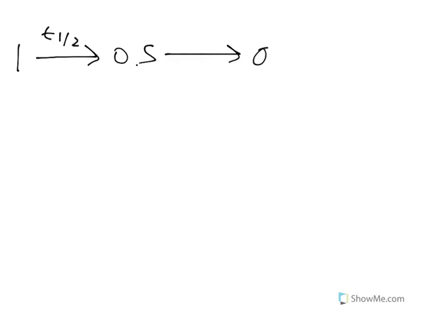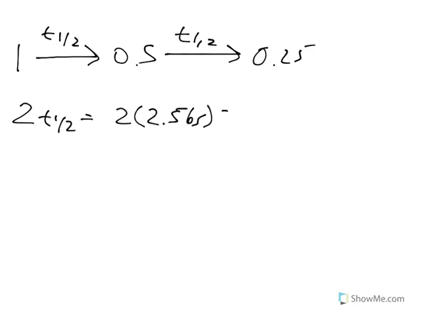If I go 0.5 to 0.25, that's a quarter. How many half-lives does that take? It took 2 half-lives, right? So it's simply 2 times 2.56 seconds, and that's going to be equal to 5.12 seconds. And of course, if it fell to 1/8, that would take a third half-life. So when you're dealing with first order equations, don't overthink it. It's very, very simple.